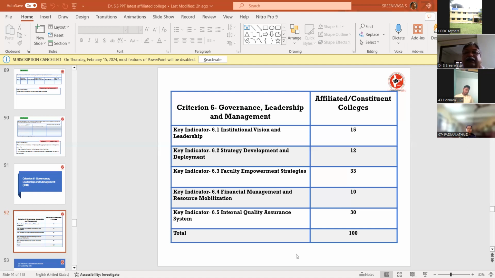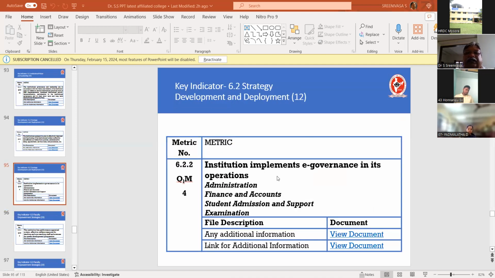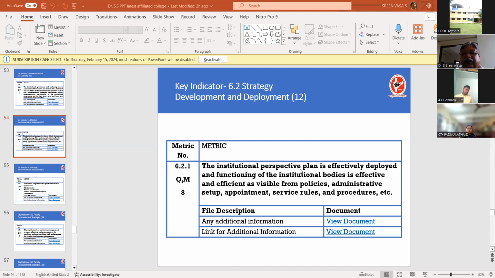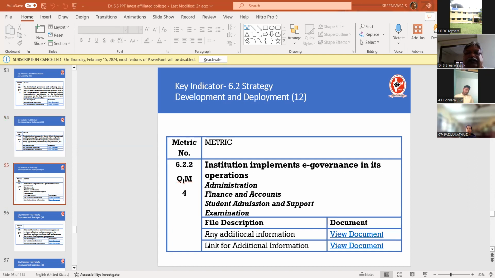The institution plans for effective deployment of the functioning of the institution, how the hierarchical arrangement is there, how the institution acts. These are qualitative metrics that they will be writing.